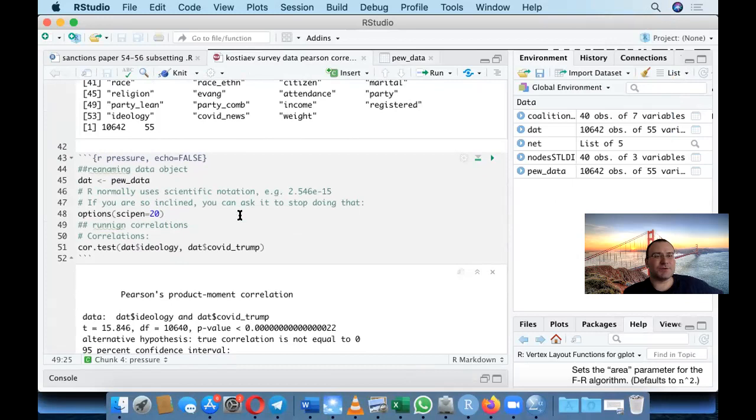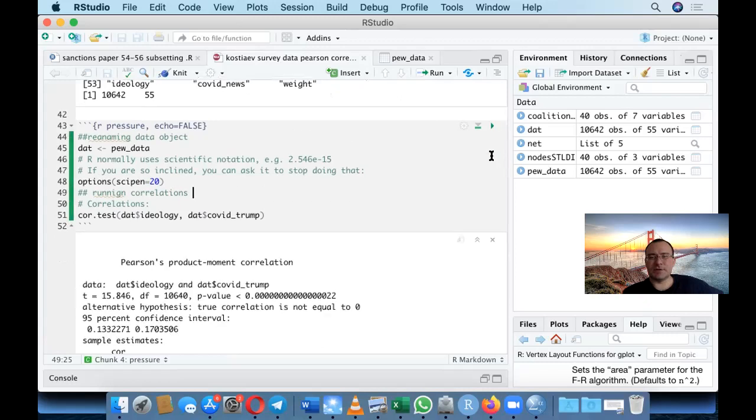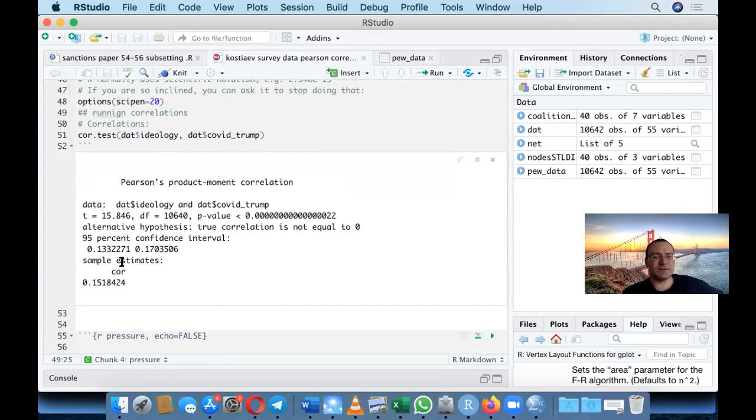What's important is line 48, it allows you to get rid of scientific notation. So you run this code, and this is the output. Again, the p-value is smaller than 0.05, and so it's significant. Another indicator is the t-value.